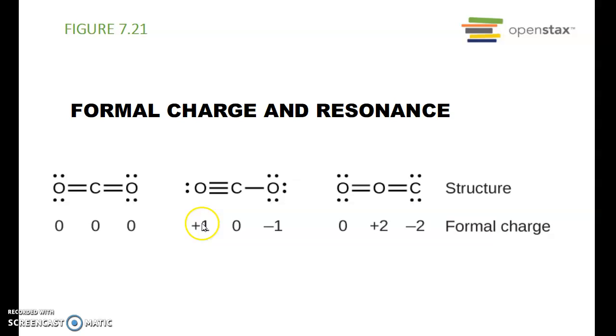So that would be a +1. This carbon has 1, 2, 3, 4, so it would still be 0. This oxygen, 1, 2, 3, 4, 5, 6, 7. So this would mean that this would have 1 more. That would be a minus formal charge. And if you did it like this sort of structure, this would be a +2 using that same math. This would have 0, and this right here would have a -2.